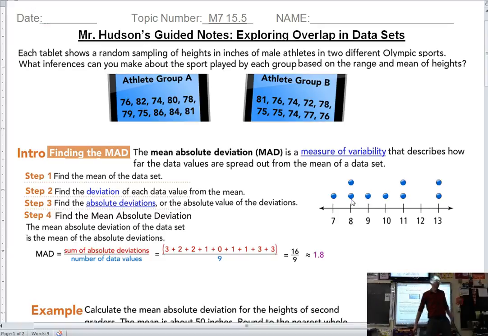Okay. So, the mean absolute deviation, and it's been a couple days since we talked about this. So the mean absolute deviation. What does deviation mean? So Jaslyn, what does deviation mean? Deviation. Like difference, right?